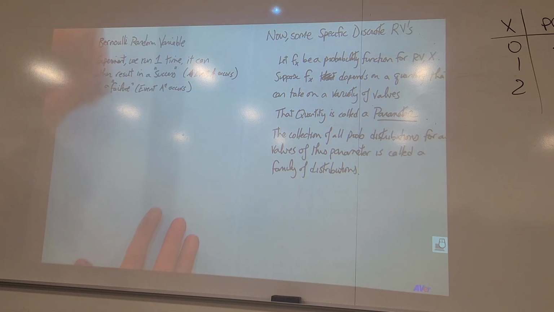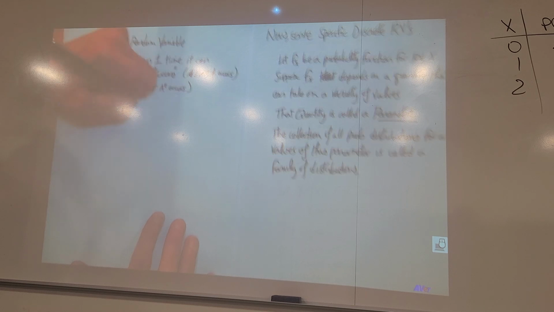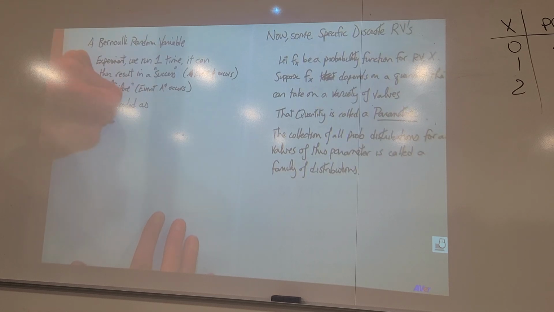And then the random variable X is coded as X equals 0 for a failure and 1 for a success. Right?